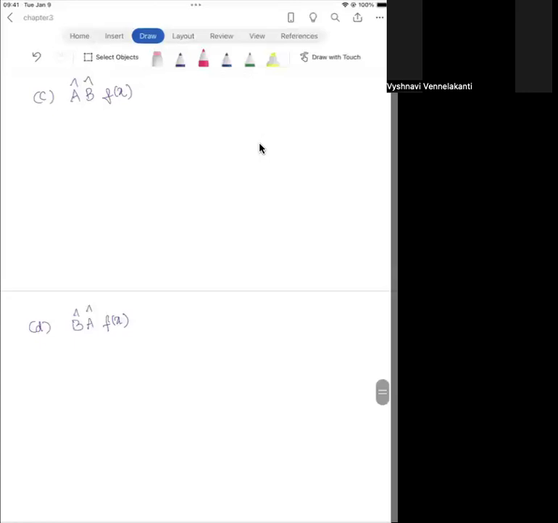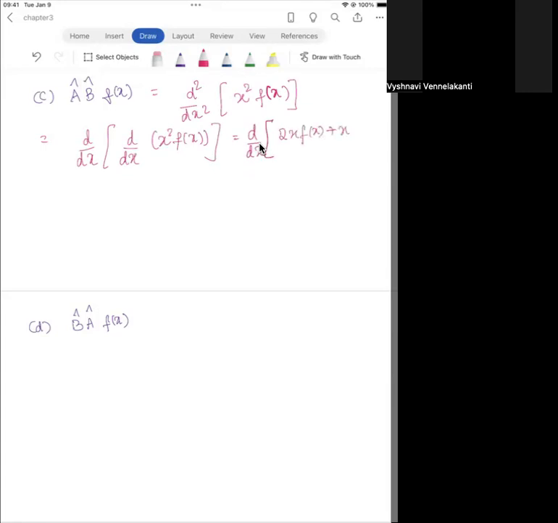Now let's do this. This is what we have. So the first derivative of x squared f of x is going to be 2x f of x plus x squared df of x over dx. Now I'm going to bring the constant out.